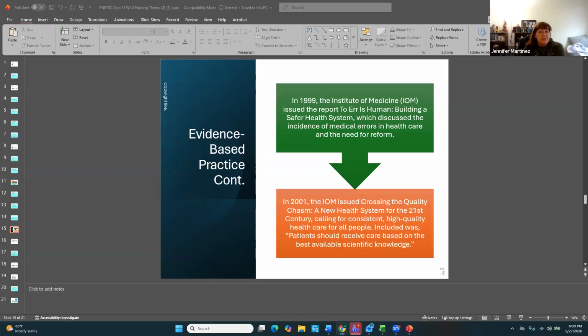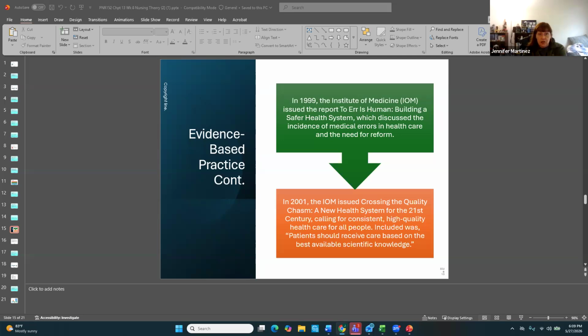It was in the thousands. It was very significant. It wasn't just medication errors, although medication errors were at the top. Up to 98,000 people die each year in the US as a result of medical errors.